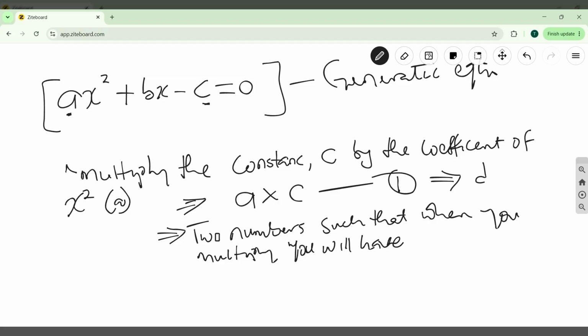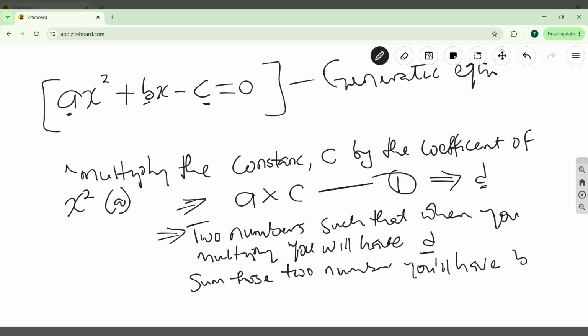So look for two numbers such that when you multiply them, you will have d, whatever value you achieved here. And second thing is when you sum those same two numbers, you're going to have this value of b. So once you can achieve that, then you are good to go in solving quadratic equations using the factorization method.